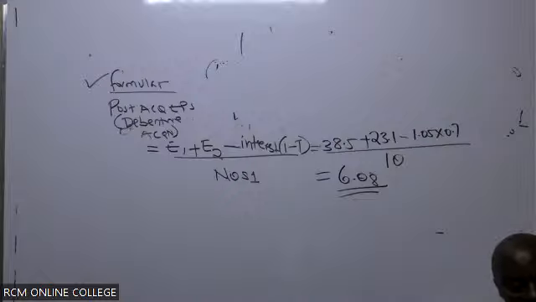Two decimal places is still good enough. So we are told here 38.5 plus 23.1 minus 1.05 times 0.7, equals. Don't say equals.